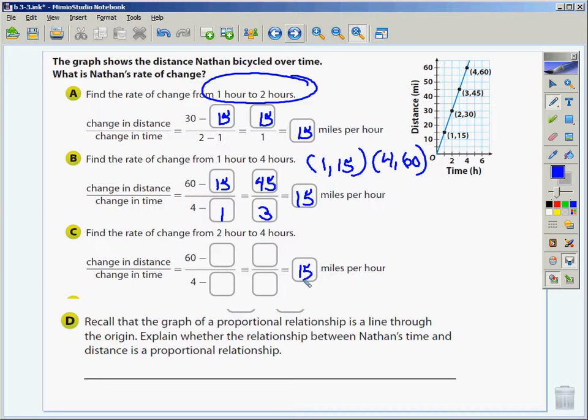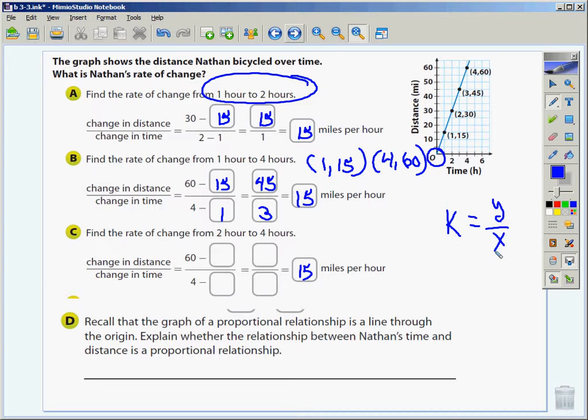Listen, is this a proportional relationship or not? Yes, it is. How can I tell for sure? Right. It's a straight line and it goes through what? 0, 0, the origin. I want you to see that if it goes through the origin, there's a quicker way to get this slope.